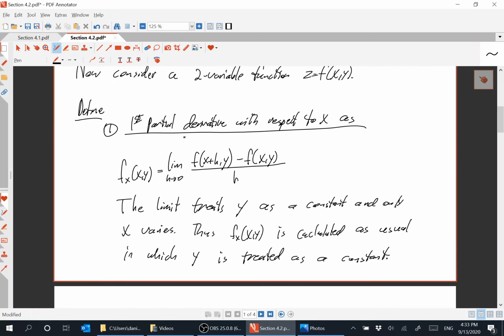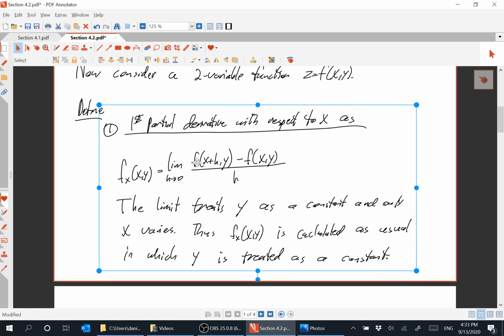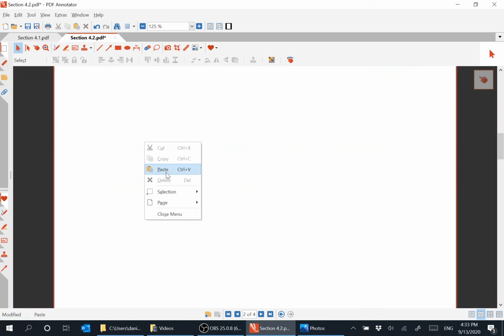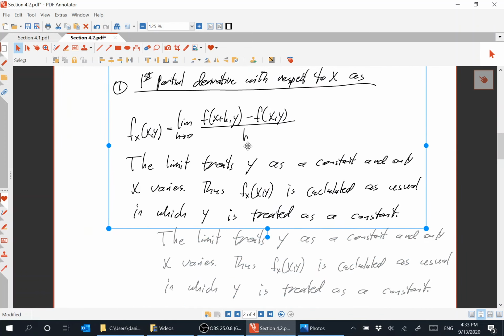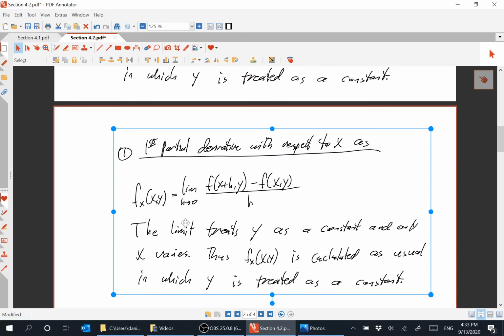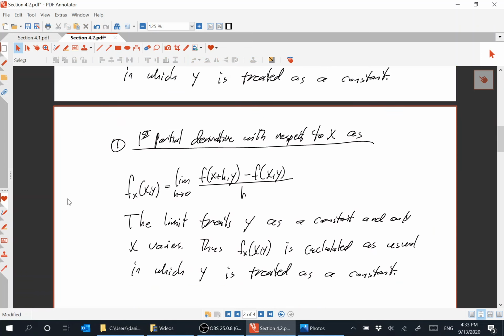Now, before I give some examples, let's do the first partial derivative with respect to y. It's defined the same way. The first partial derivative with respect to y is treating x as a constant.